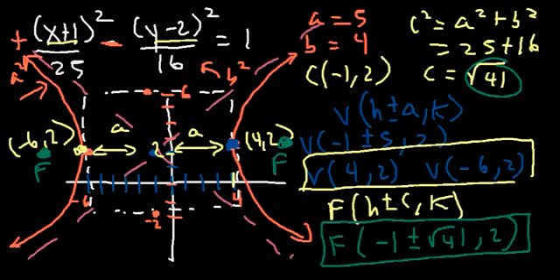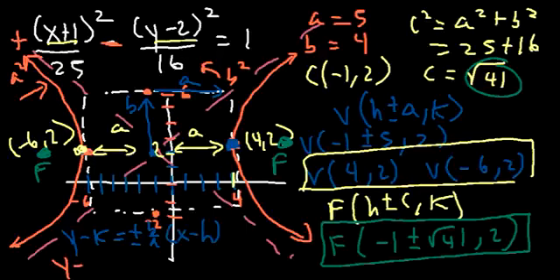Now the only other thing we need to find is the asymptotes, which is y minus k is equal to plus or minus. Now rise, starting from here, we need to rise b units, because b is vertical, a is horizontal, so the run is still a. So it's b over a, rise over run, and then x minus h.